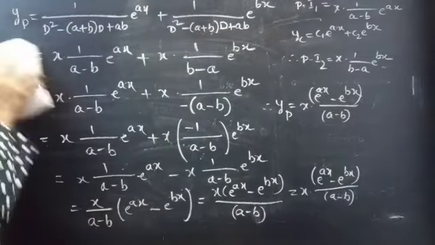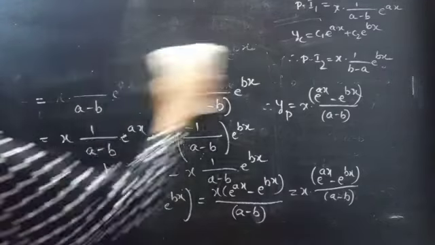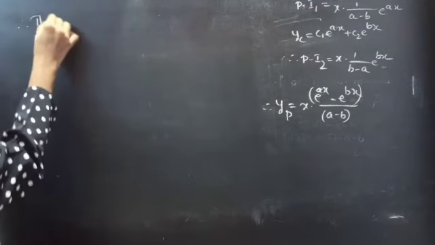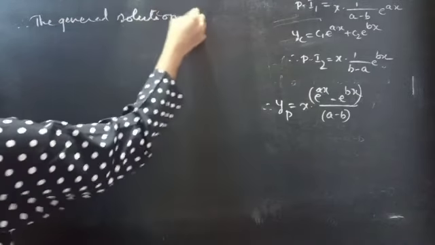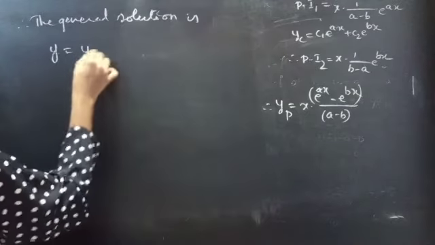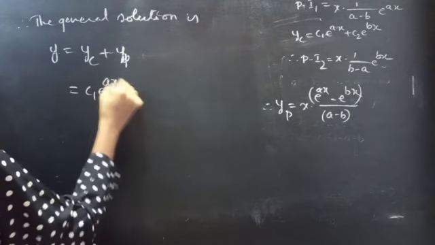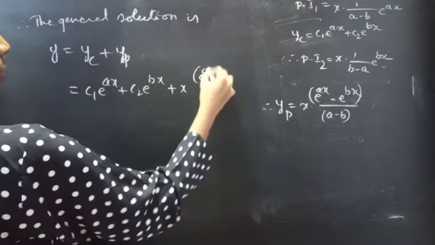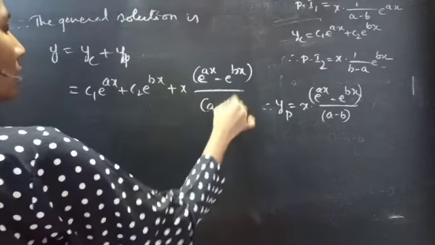Now we can write the general solution. Therefore the general solution is y equals yc plus yp, which equals c1 e power ax plus c2 e power bx plus yp, x into e power ax minus e power bx by a minus b.